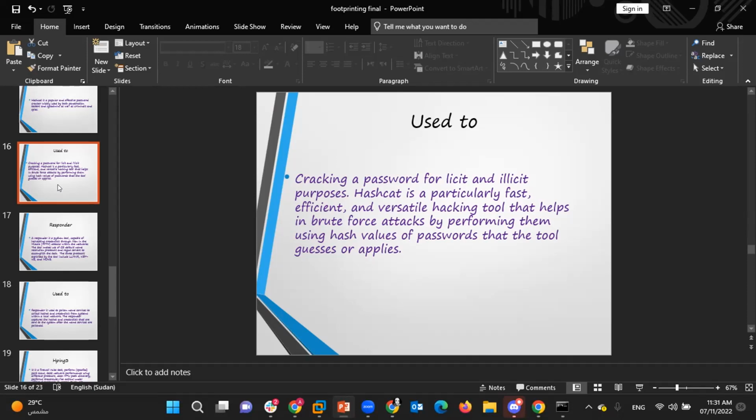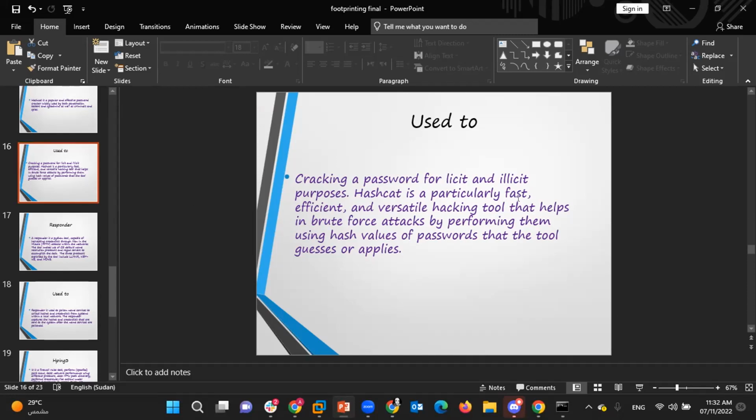So cracking tools are used for legal and illegal purposes: legal when used by a system admin, illegal if used by an attacker. Legal uses include management, scanning, and penetration testing, or a system admin using it to find which employees use weak passwords, to get an idea about our security.